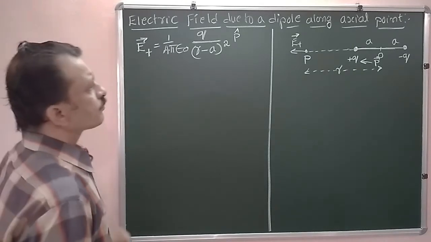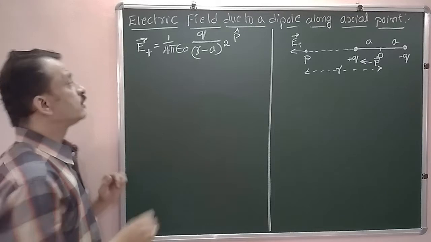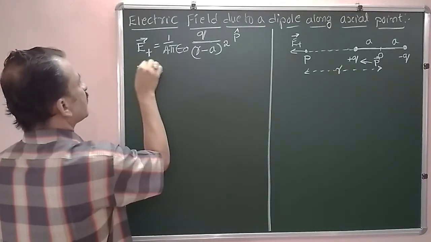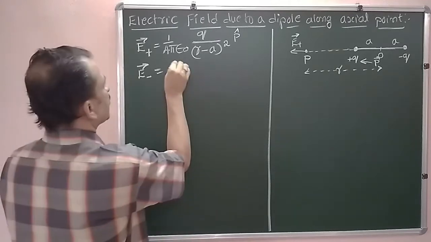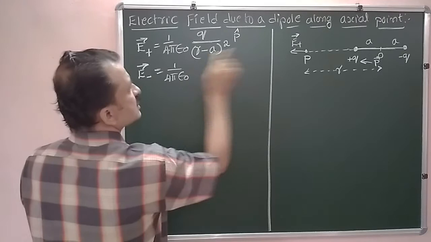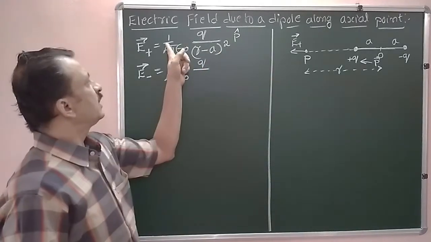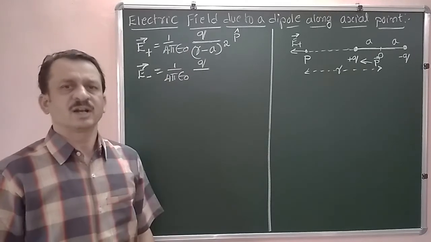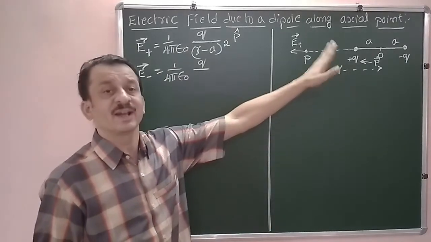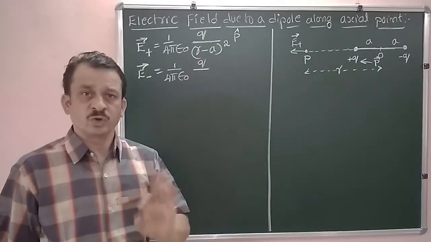Similarly, the electric field due to the negative charge, E minus, in the vector form is equal to, the magnitude remains the same, 1 divided by 4 pi epsilon naught, here the charge is the same. You should remember, while writing the expression for electric field or electrostatic force, even though we are having a negative charge, here we are going to take only the magnitude.